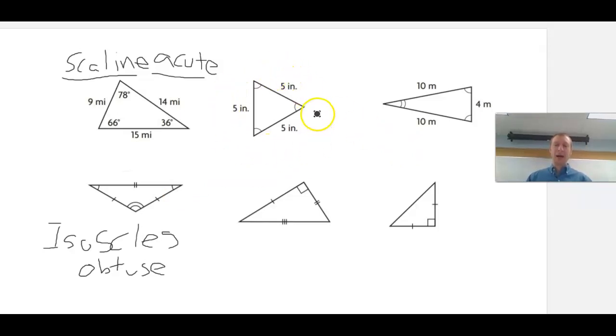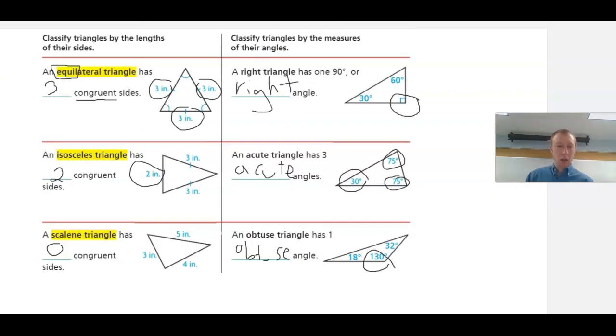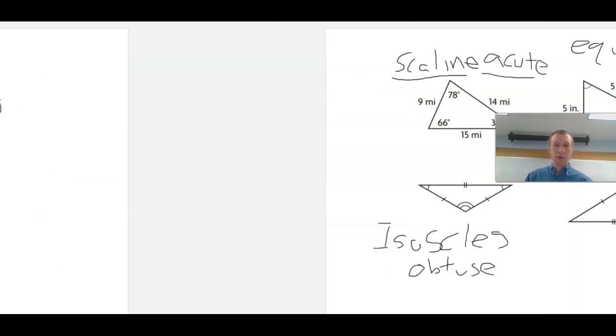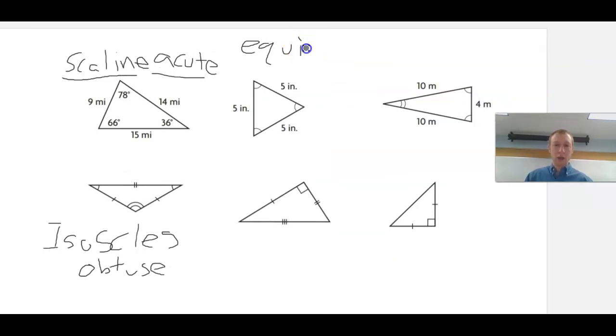All right, how about this one up top? So first, the side length. I got 5 inches, 5 inches, 5 inches. So what type of triangle is this? They're all equal, right? So that means we have an equilateral triangle, because all sides are equal.